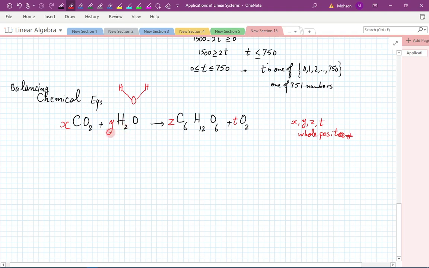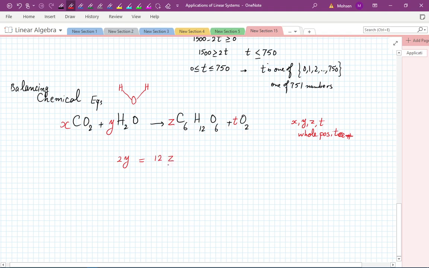If you pick Y of these water molecules, then you'll have 2Y atoms of hydrogen. So on the other side, it has to show up. That means 2Y has to be equal to, on this glucose, you have 12 of these, so that's going to be 12Z.